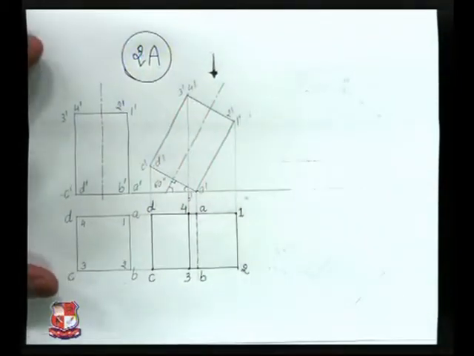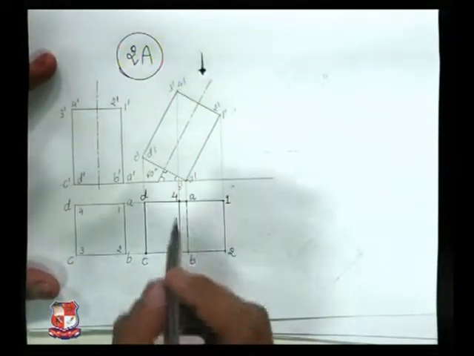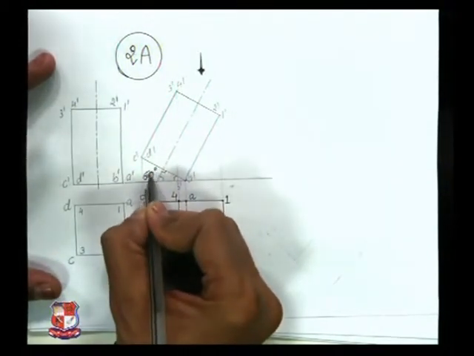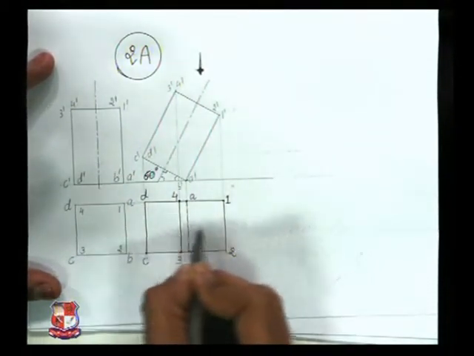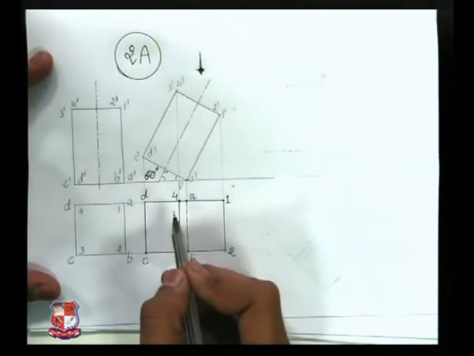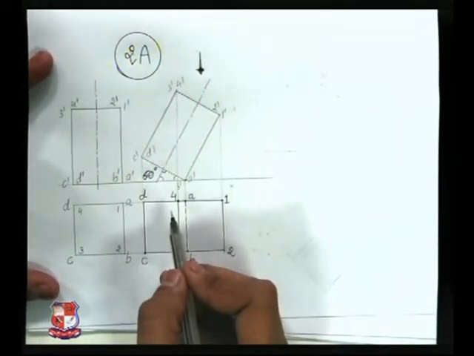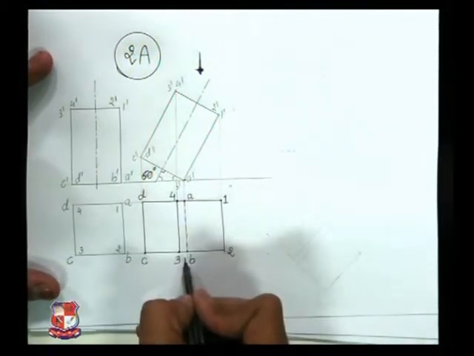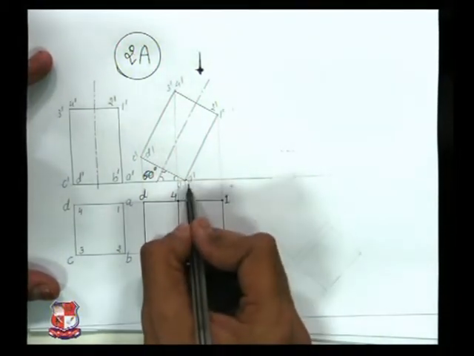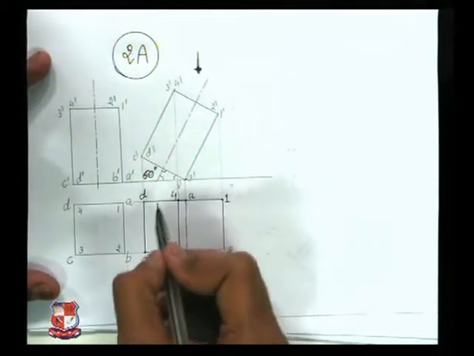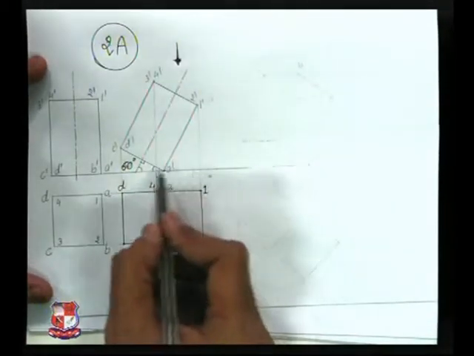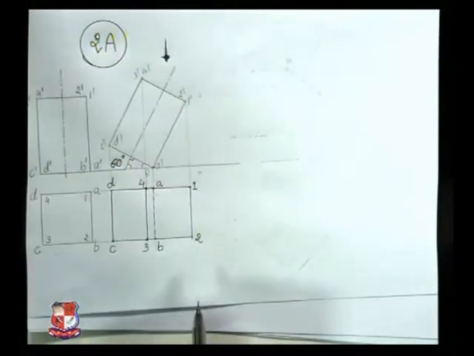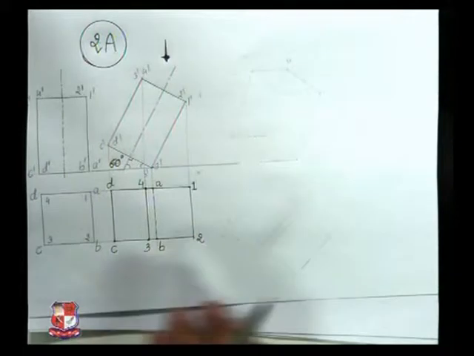Now third step. In third step it is said that the axis or the base on which this prism rests makes an angle of 45 degree with vertical plane. So here base is AB. In this case base, that is AB and XY line, angle is 90 degree, but that angle should be 45 degree. Means we have to tilt this top view in such a way that this AB makes an angle of 45 degree with XY line.